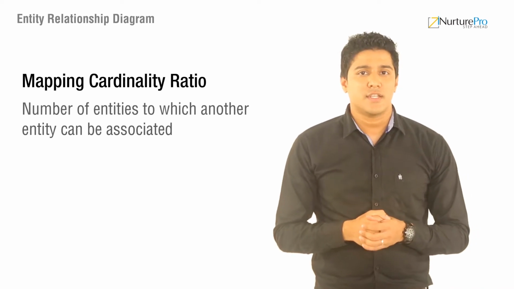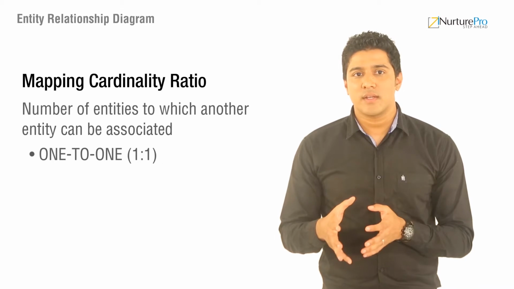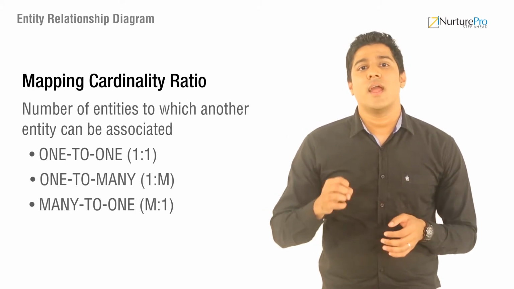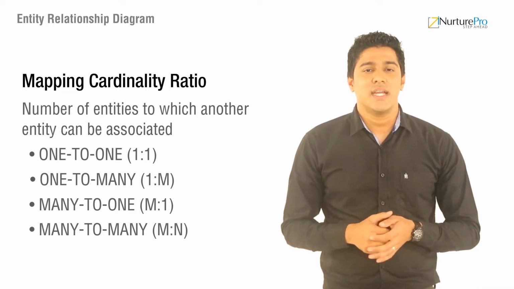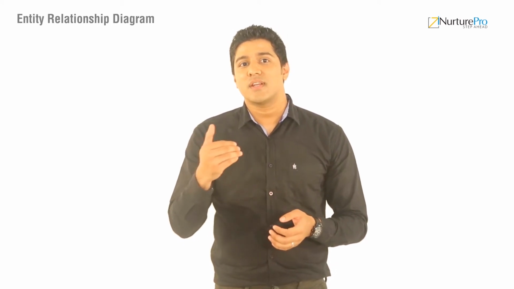A cardinality ratio exists in four possible ways: 1 to 1, 1 to many, many to 1, many to many. A relationship connectivity is represented by 1, m or n next to the related entity. Let us look at each one of them.